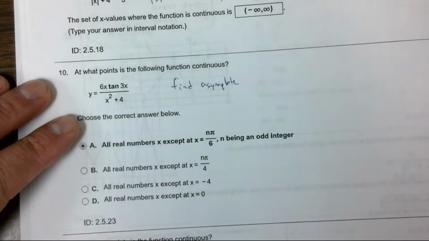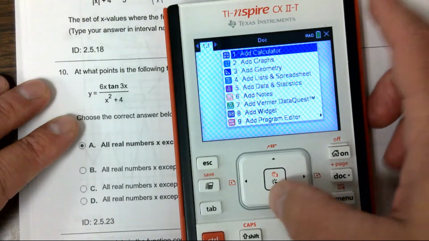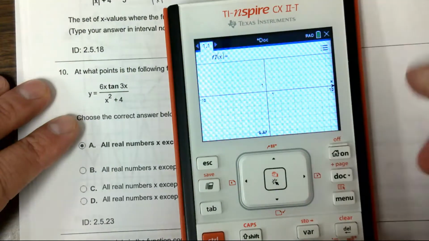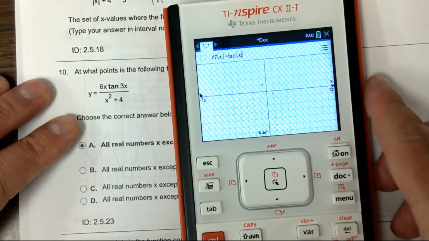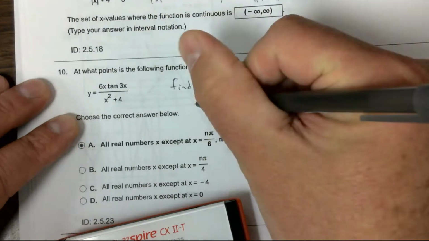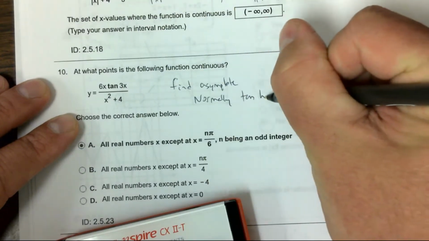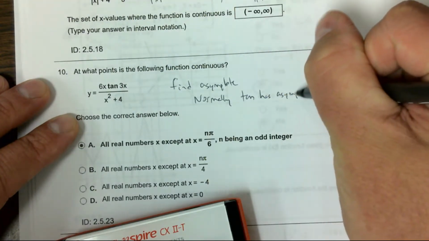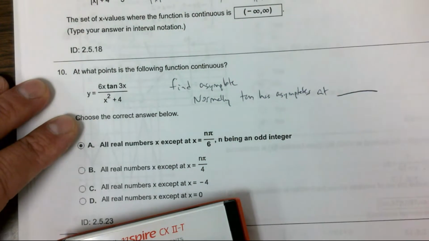Because see, normally tan by itself, make sure you're in radian mode, but tan by itself would have asymptotes at, okay, let me just fill in the blank.